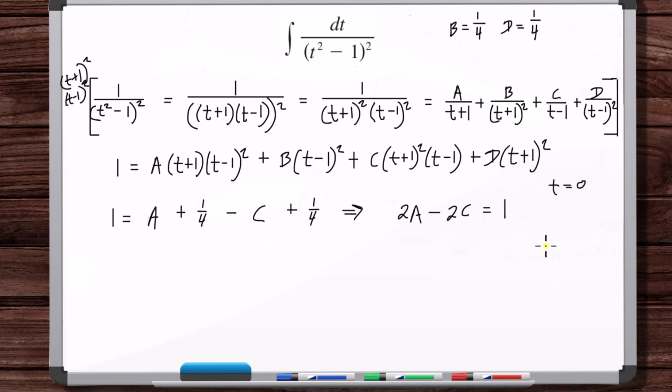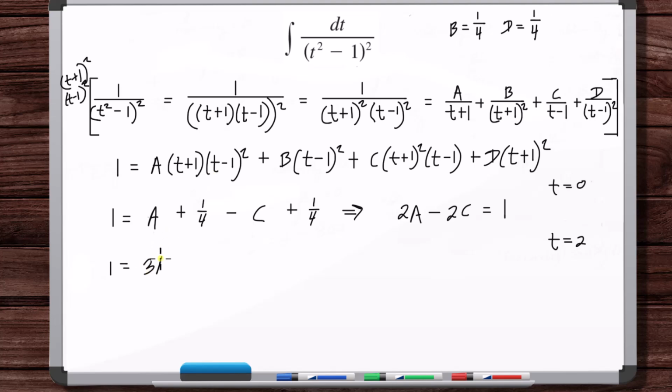Okay, so now let's make t equal to 2. All right, so we've got 2 plus 1 is 3, 2 minus 1 is 1.